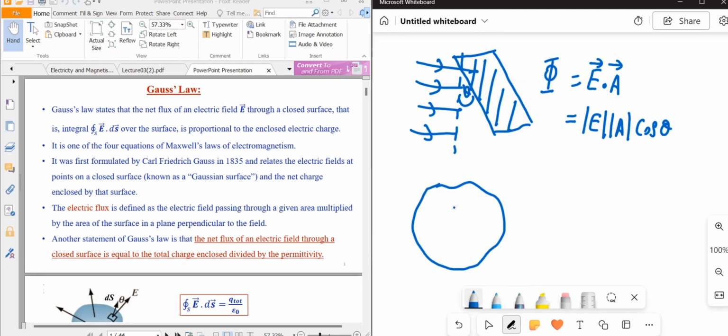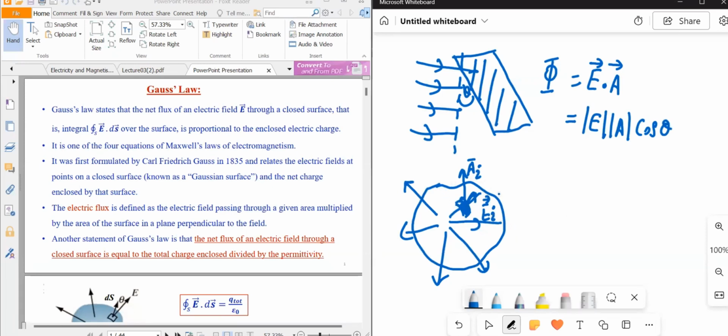Then if I consider there are so many electric field lines coming through this closed surface, then I will consider a small area segment like this. So area is in this direction, and the electric field crossing that area, I will say E_i.